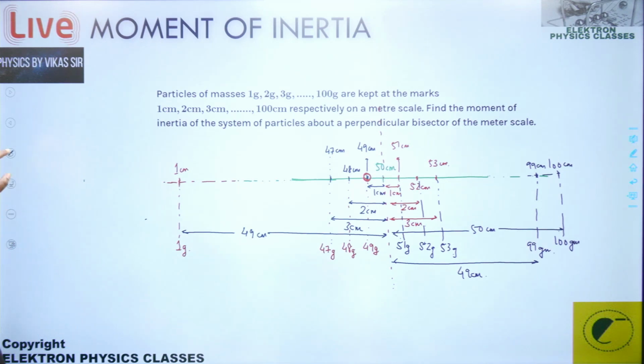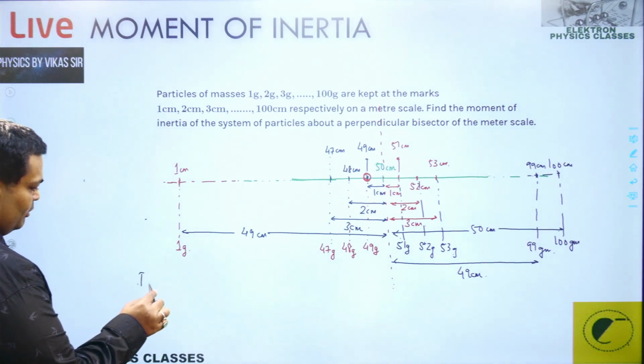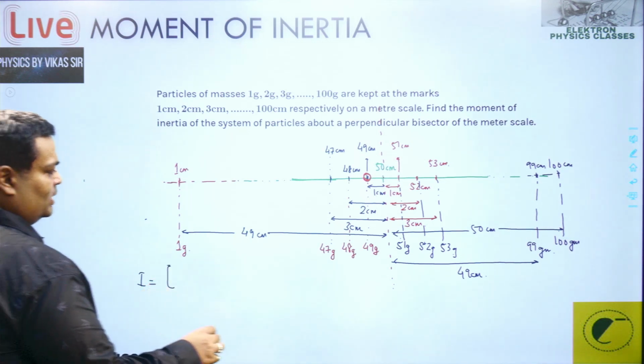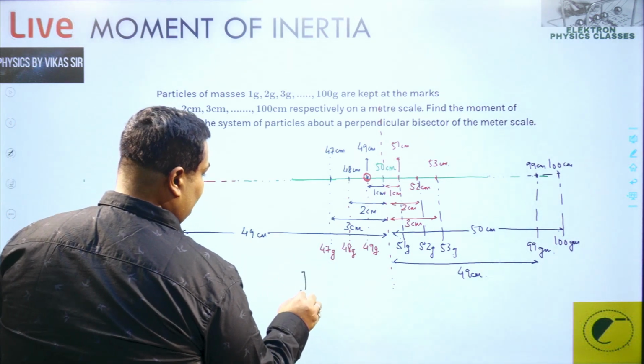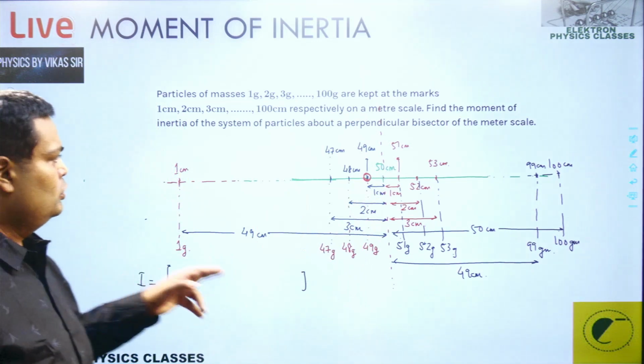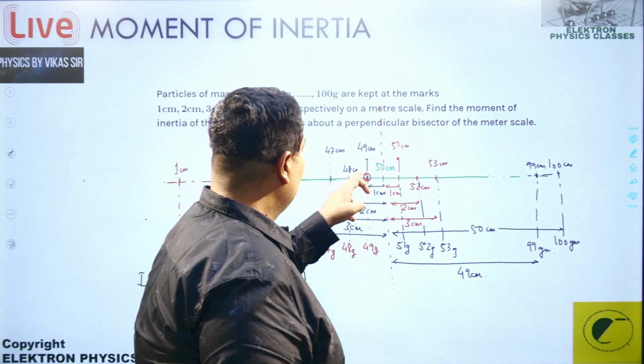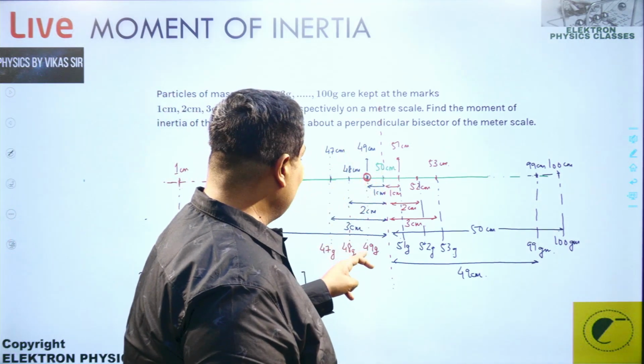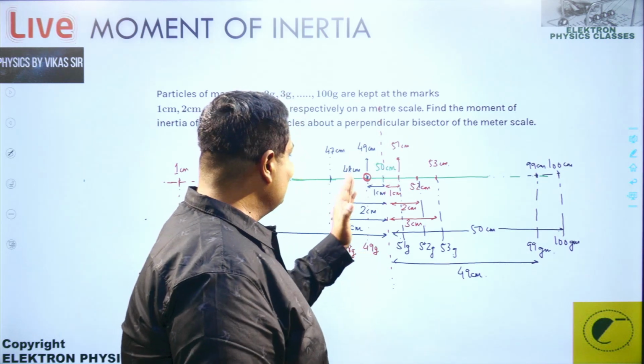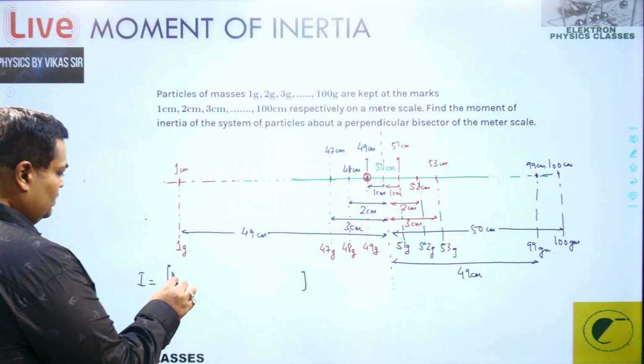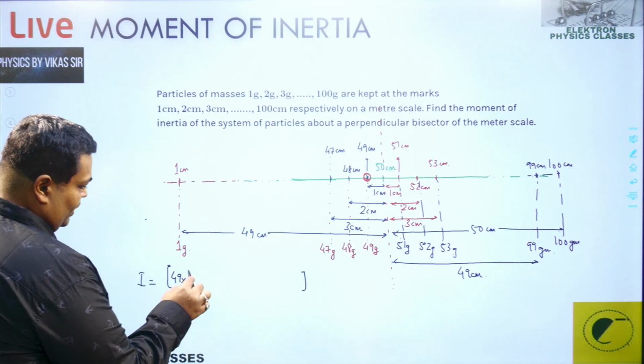And now we wish to write the moment of inertia for this. So let's start writing. I will be writing this in two halves, two parts. First of all, for the left side part, beginning with this particle. Well, what is the mass? 49 gram. And distance is 1. So 49 into 1 square.